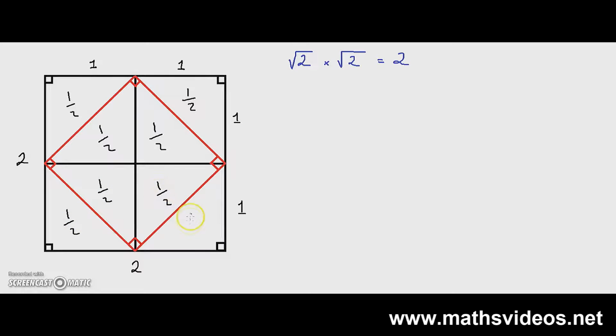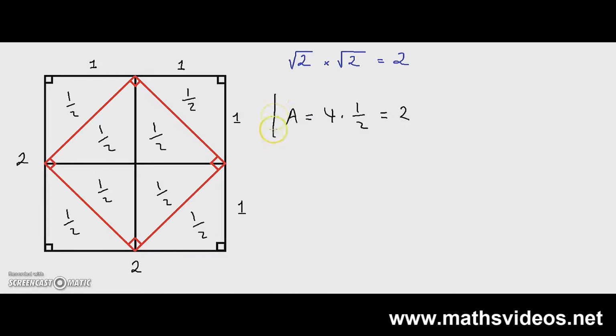Okay? Now, it turns out that the area of this square in red over here is actually 4 times a half. And this is equal to 2.